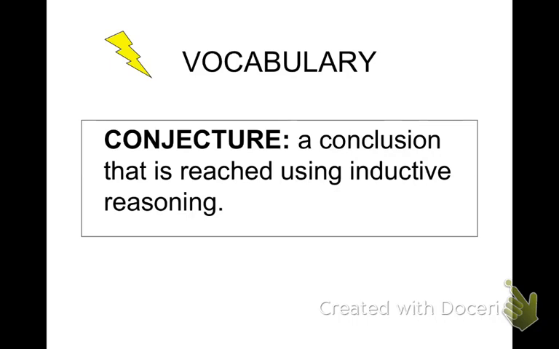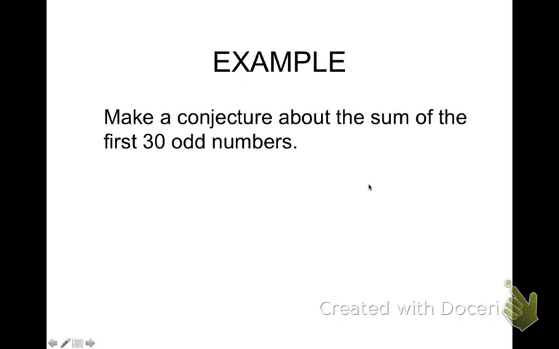So you might be asked to make a conjecture. All it's asking is for you to take a very educated guess on what you think the resulting thing is going to be. Okay? So if you see the word conjecture, it's asking you to make a conclusion about something. Okay? All right. So we are going to make a conjecture about the sum of the first 30 odd numbers.